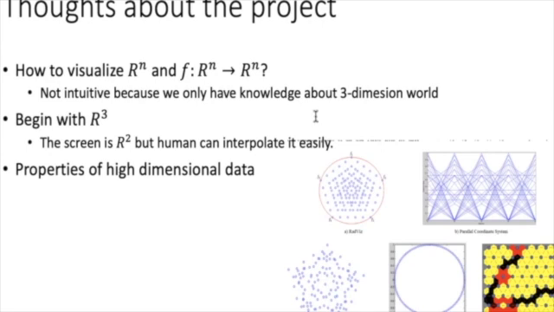My original thought about the project, my original ultimate goal, is to think about how to visualize high dimensional data, which is R^n, and high dimensional functions, like functions on R^n to R^n.